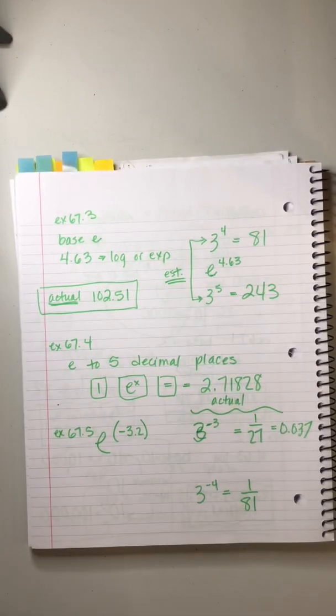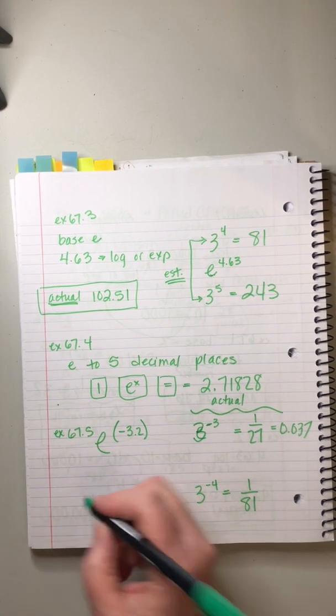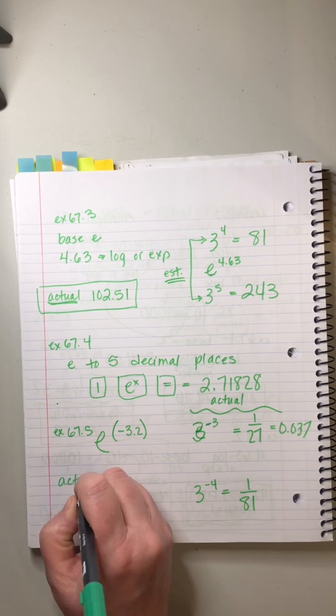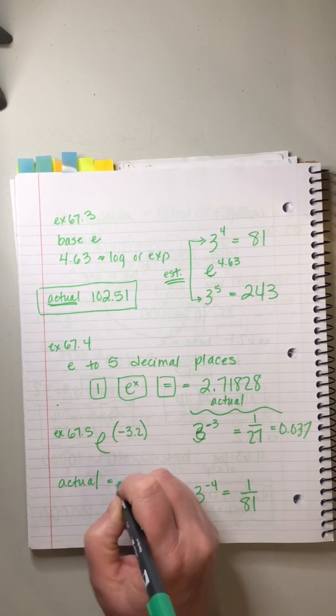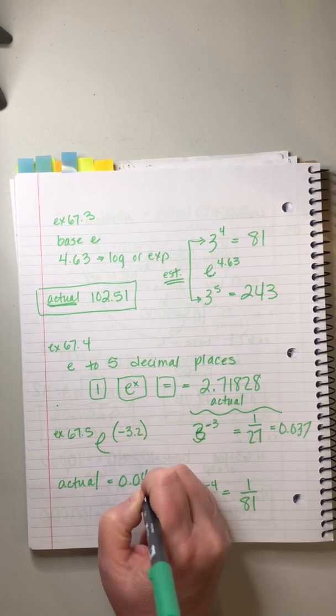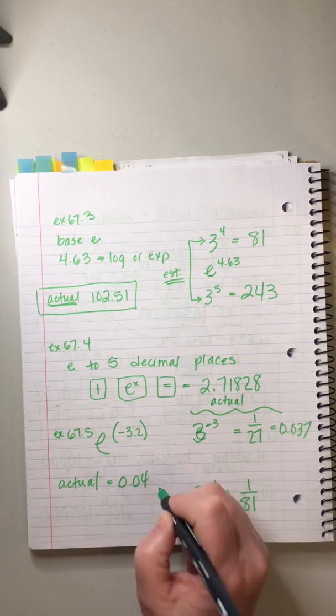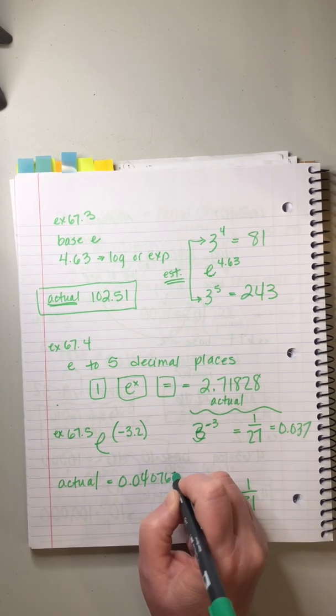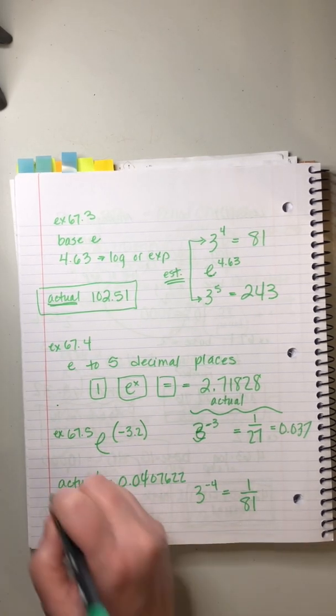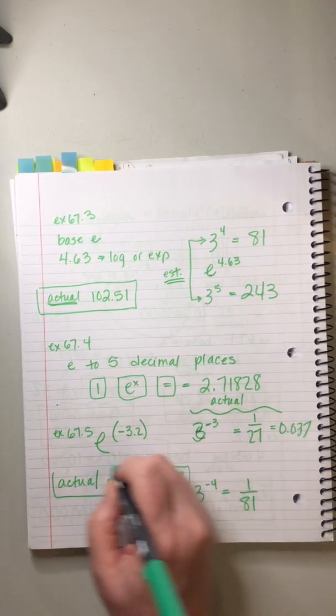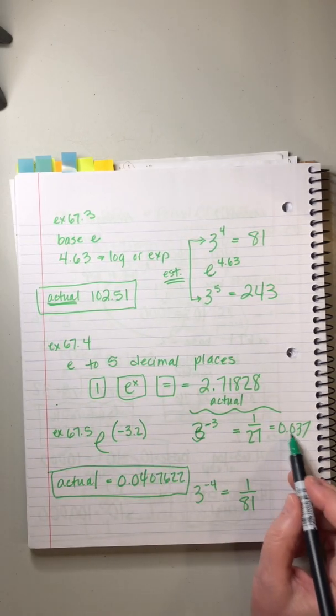And the number that you should get is 0.040762.